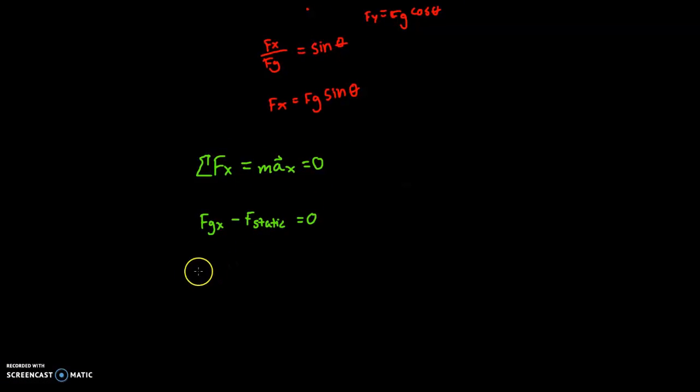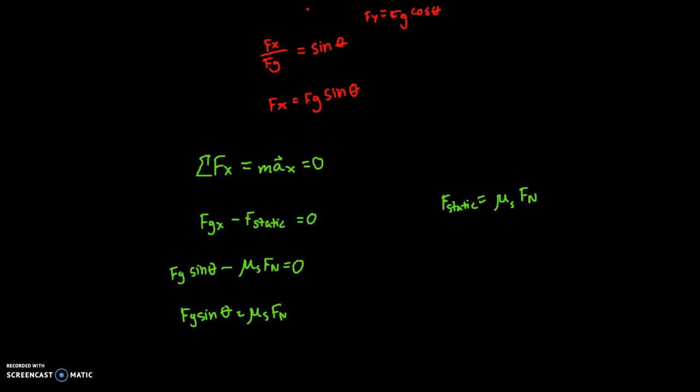Now we can further define the force of gravity in the x direction as force of gravity times sine theta, minus F static. Using the definition of static friction, F static is the coefficient of static friction times the normal force. We'll write that here. Again, that should equal 0. You can rearrange it so that force of gravity times sine theta equals the static coefficient times the normal force.